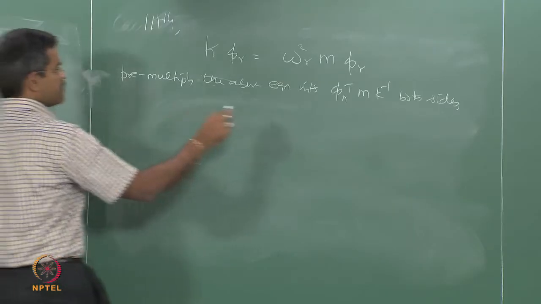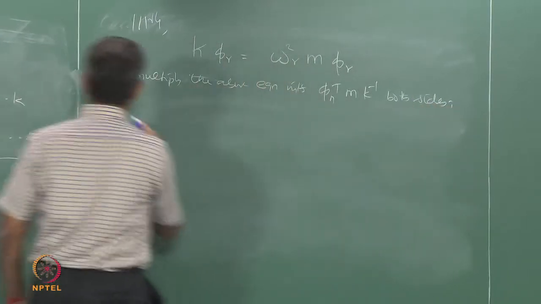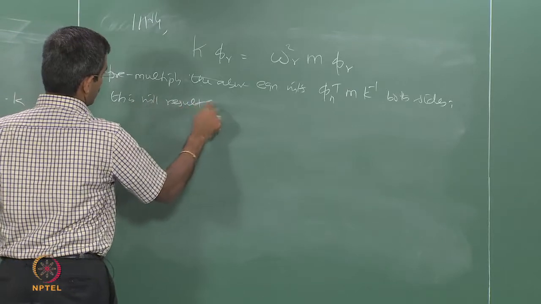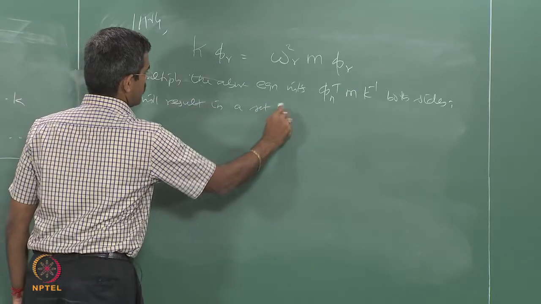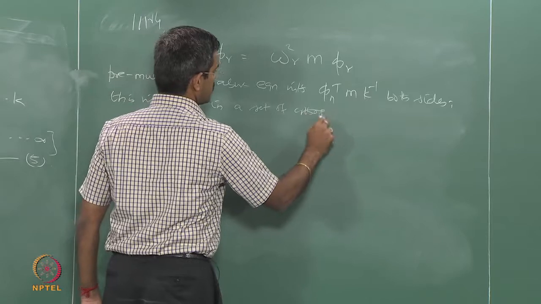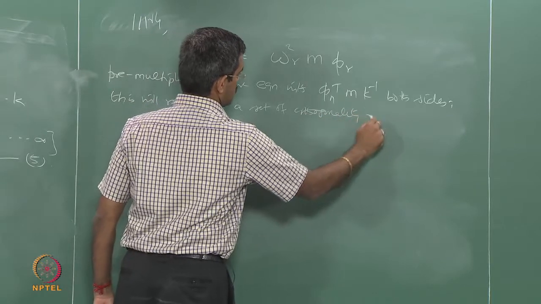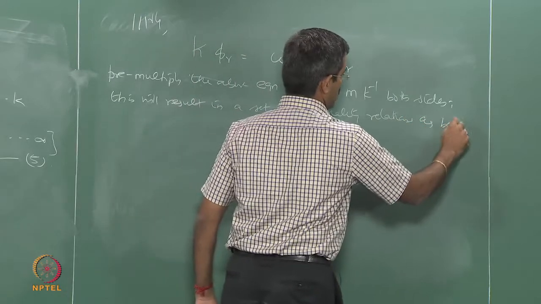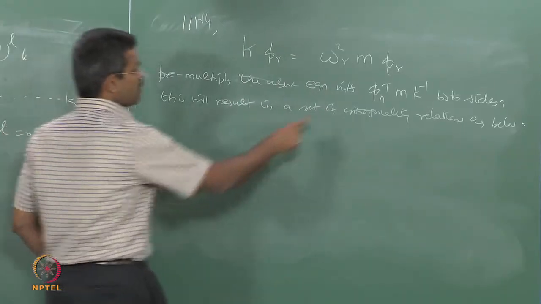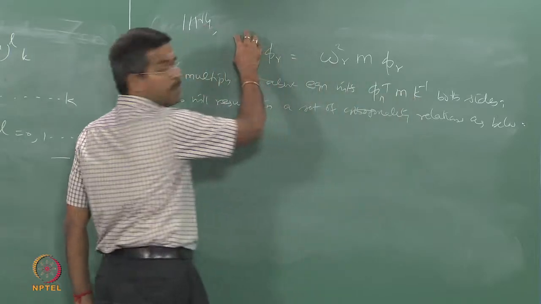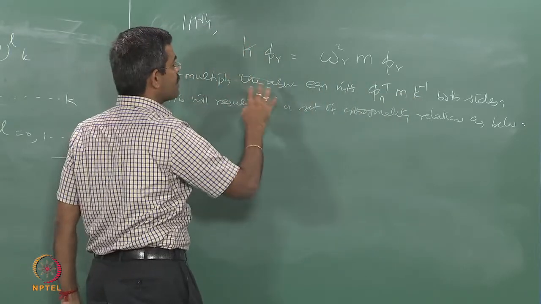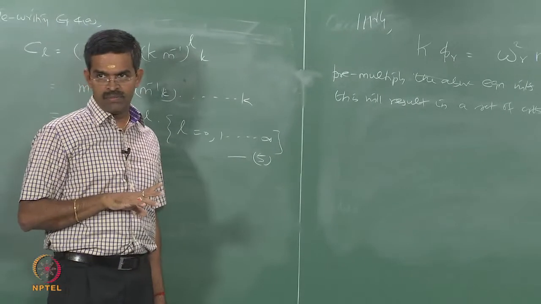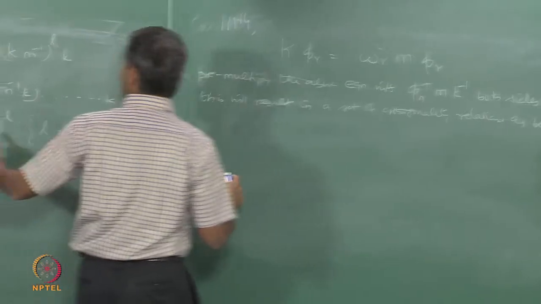This will result in a set of orthogonality relations as below. Now, you can see here when I multiply this, k inverse k will become identity. Whatever I had on the RHS of this equation will all now move to the left hand side of this equation. So, you will get the same expression back again.